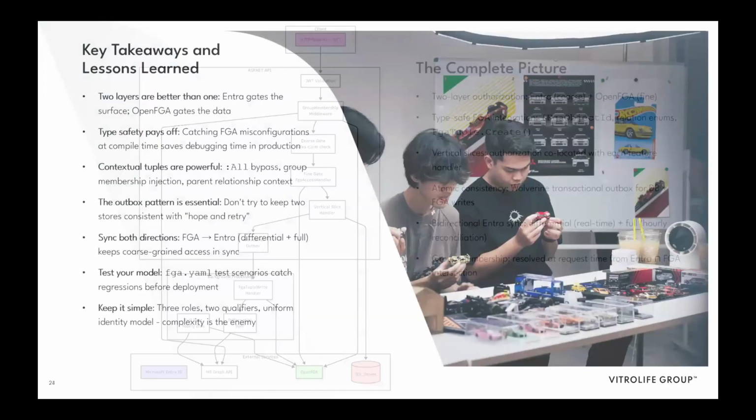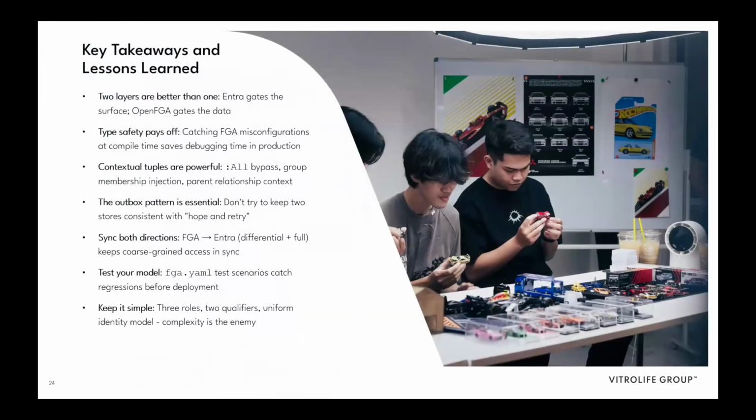So I think there are a couple of takeaways. We've found that using both coarse grained and fine grained works quite well. We can now see from Entra's point of view who the people are who have access to specific resources in our environment.